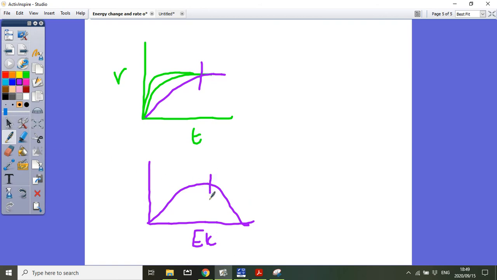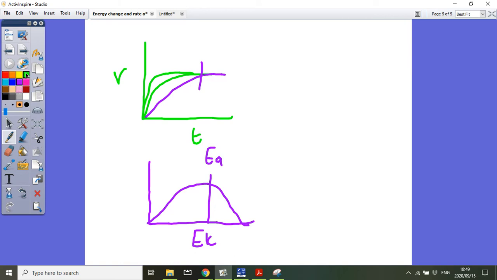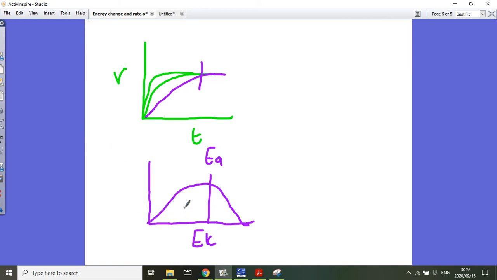If my activation energy was there, it stays there because I didn't change that. All I changed was I heated up the particles. So these particles that were here now have more kinetic energy, so more particles are going to be on this side. And if more particles are on this side, then it's a faster rate.